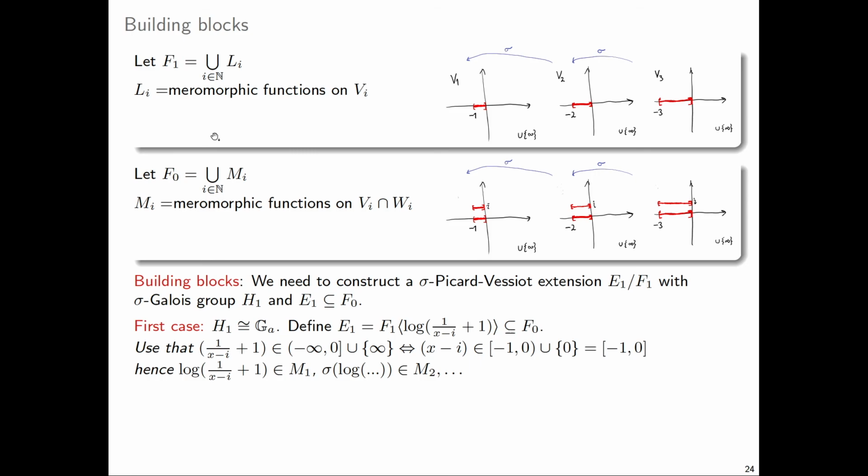So that's if and only if x is in a translate up to i. So we do see that this function is holomorphic on this open set. It's not meromorphic on this set. So it is contained in M1 and in particular in F0, and therefore also all the images under sigma and higher powers of sigma are contained in F0.